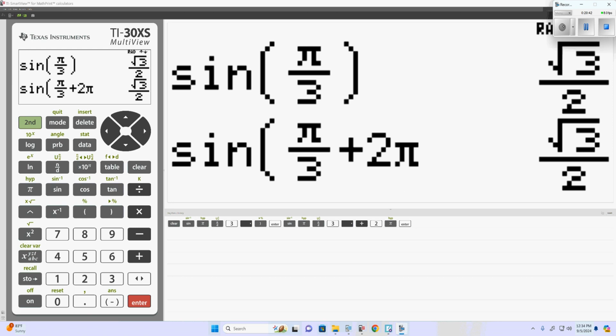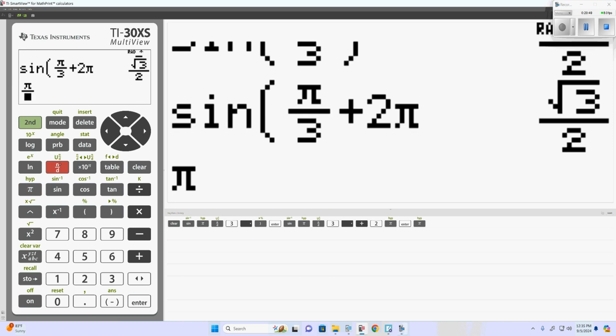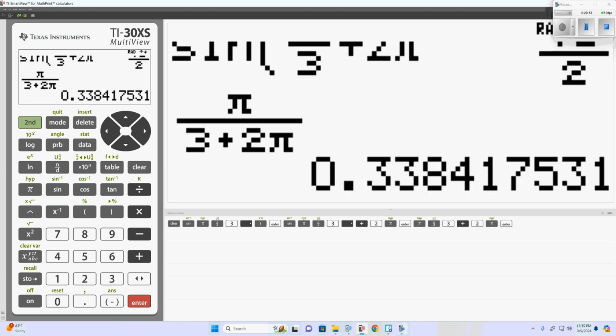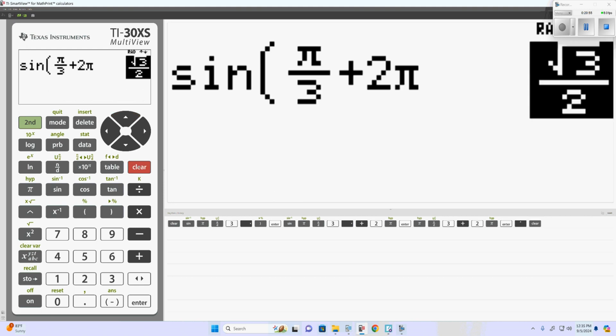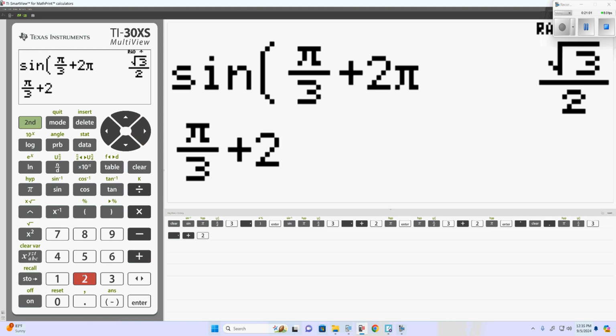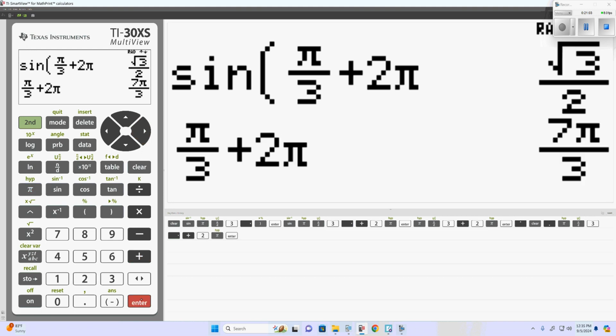So we add 2 pi to it. So our pi over 3 plus 2 pi.